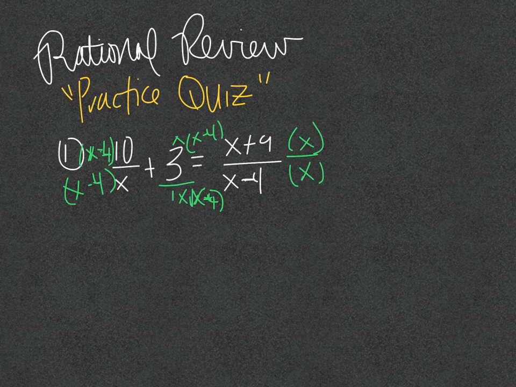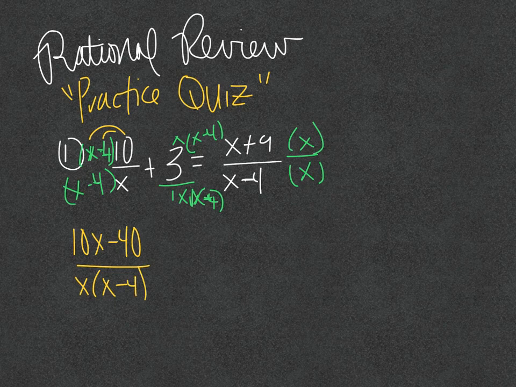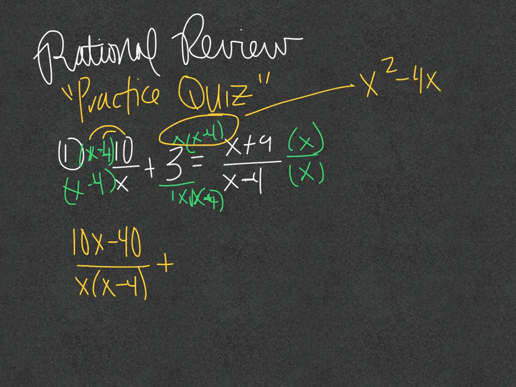So I'm going to actually need to multiply. So this is 10x minus 40 over x minus 4. And then I'm tempted to maybe kind of multiply this x times x minus 4. I just circled it, so I'm going to do it off to the side. That's x squared minus 4x. And then it has a 3 in front of it.